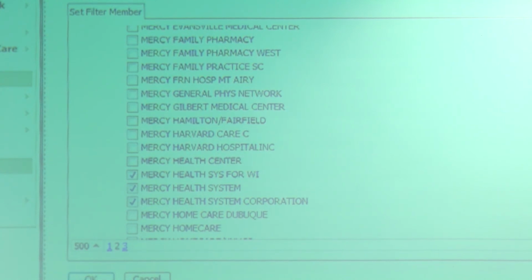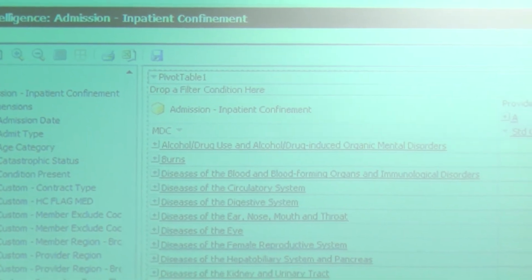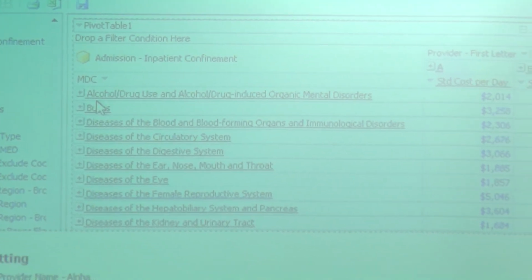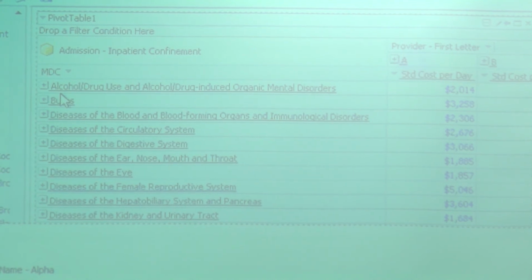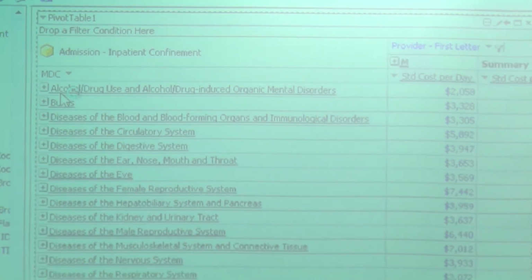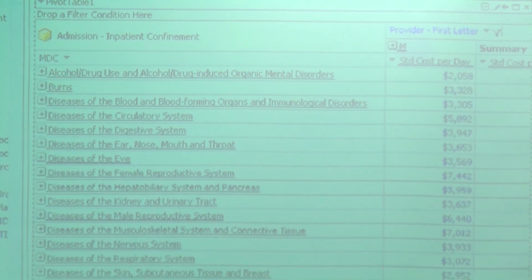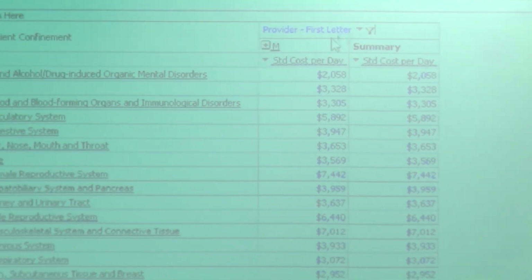We'll say okay. And what it's going to do is take everything up here on the columns and drop it into just those three. And if we have a plus sign, that means there's additional information below that in terms of the affiliations. It may be if they're the same entity, you're all going to see all the dollars under one. I don't know if those three things are the same entity or not. And so now we have M, so we can drill into M.